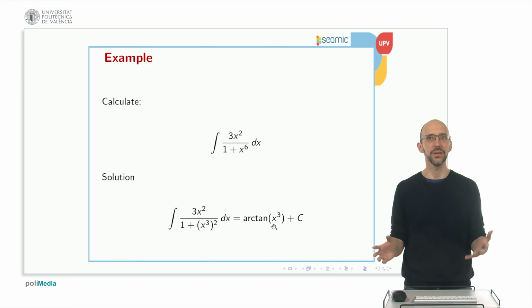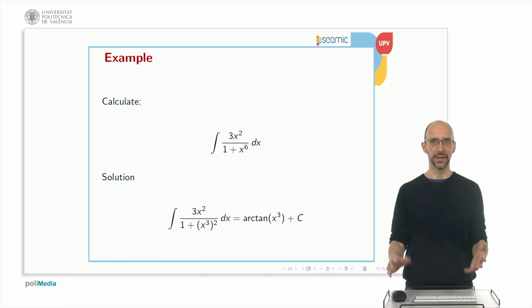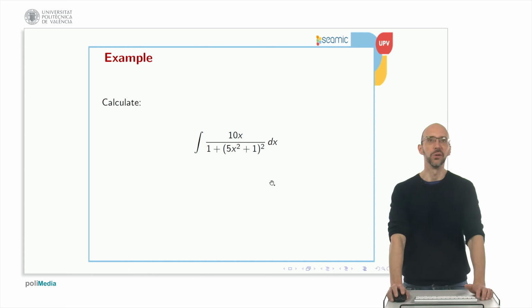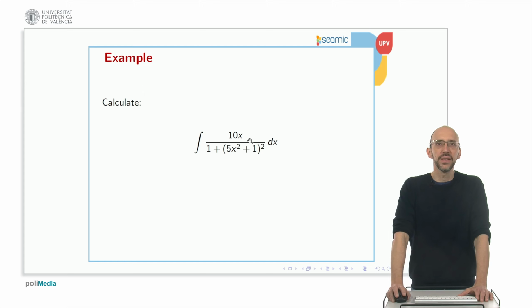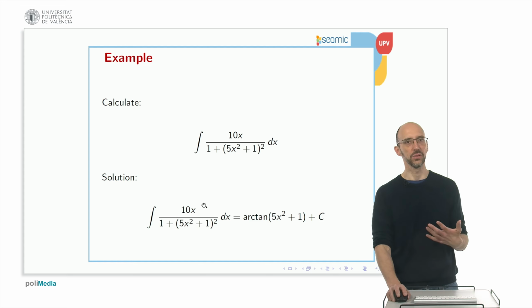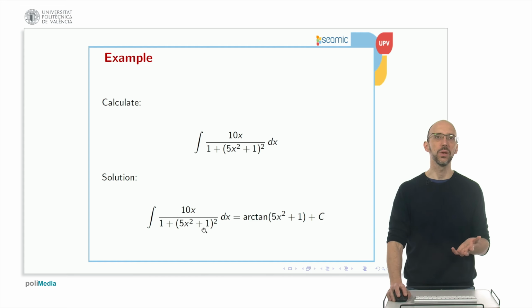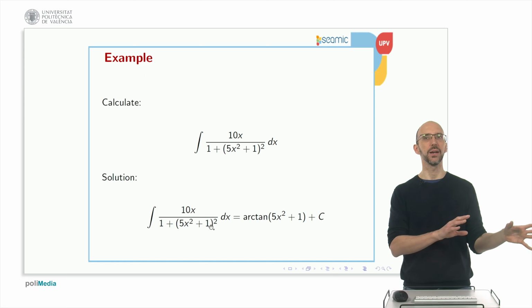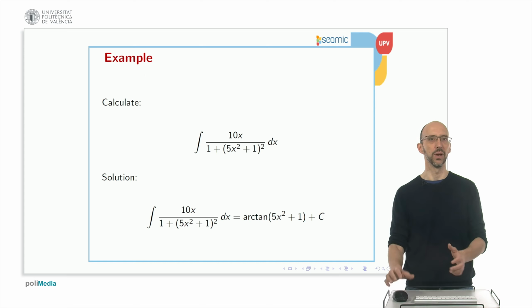Okay? I'm not doing anything, just recognizing the pattern of these integrals. One more. Look at this. 10x divided by 1 plus (5x squared plus 1) squared. So, this one is easier to recognize. Why? Because 5x squared plus 1 is a function, squared. Perfect. I got the shape I got before in the formula. 1 plus a function squared.